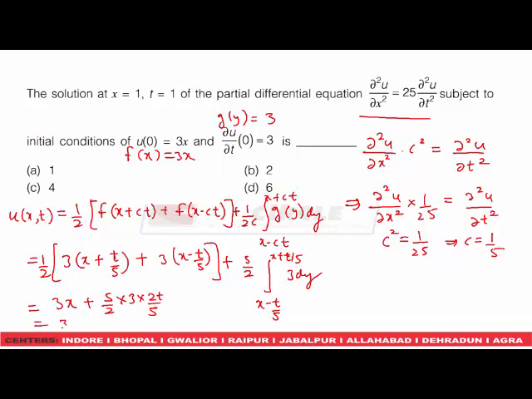It comes out to be 3x plus, 5 and 5 cancel out, 2 and 2, so it will be 3t. So the final expression of the u function is 3x plus 3t, and we have to determine the value at x equal to 1 and t equal to 1. So putting the values, 3 into 1 plus 3 into 1, that is 6. So our answer will be 6.